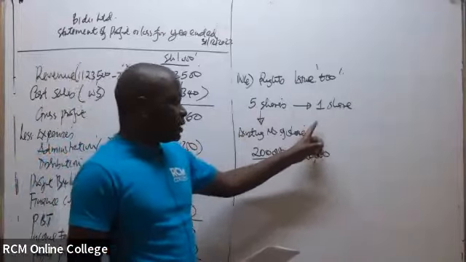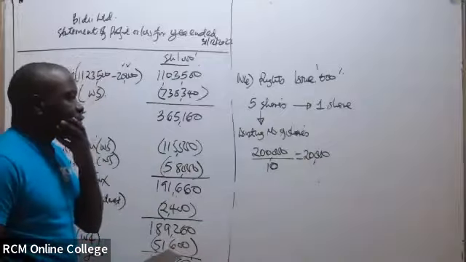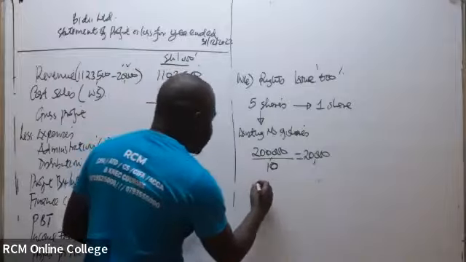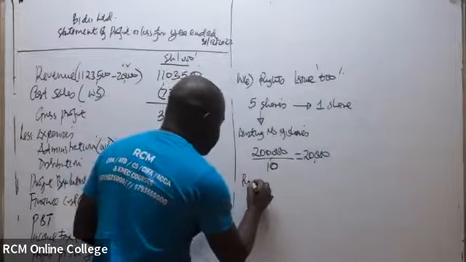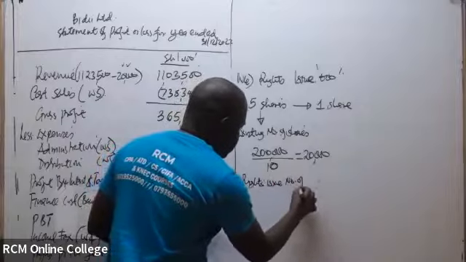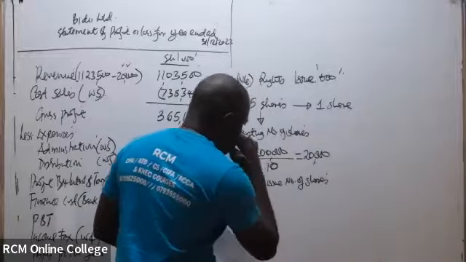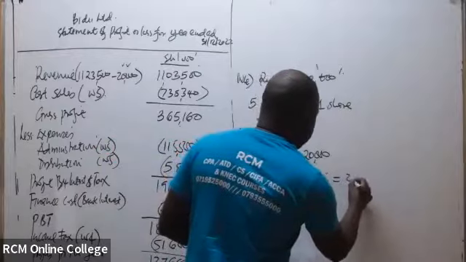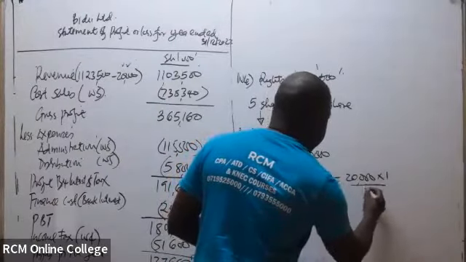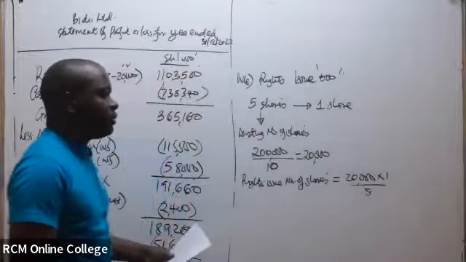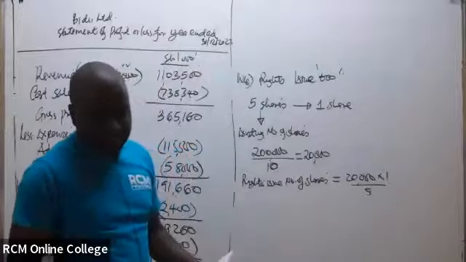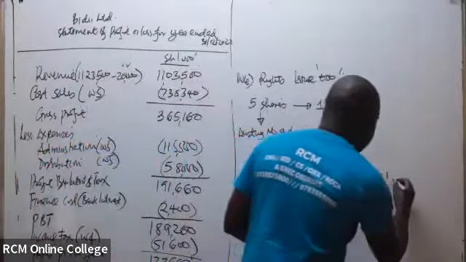To know how many shares were issued in the rights issue, we take the 20,000, multiply by 1, and divide by 5. It will give us 4 million.